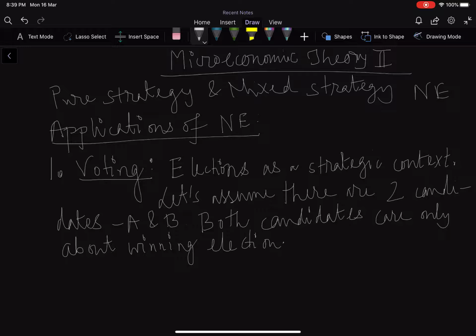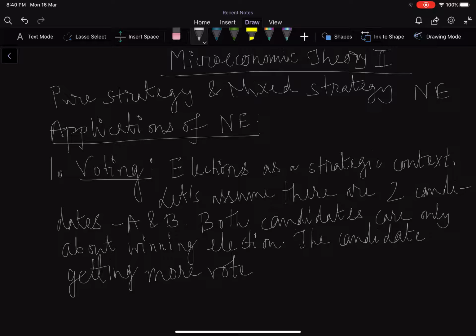Let's say in this model, candidates only care about winning the election. Okay, and the candidate getting more votes wins. Okay, so that's what it means to win an election, to get more votes than the other candidate.